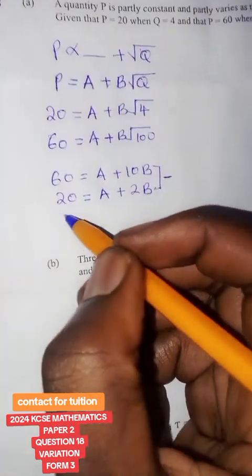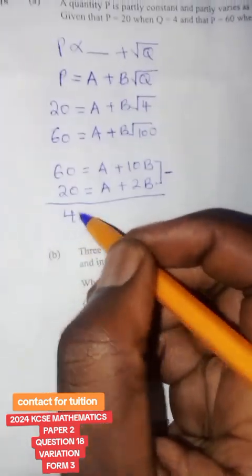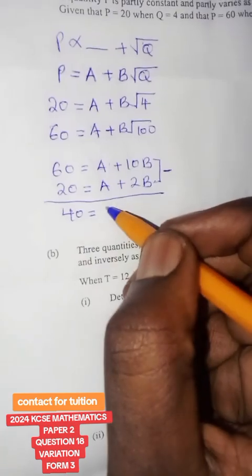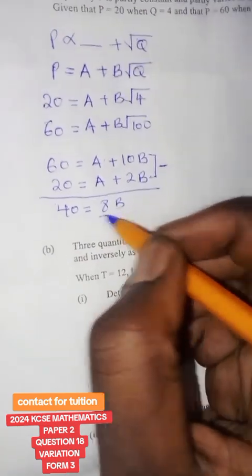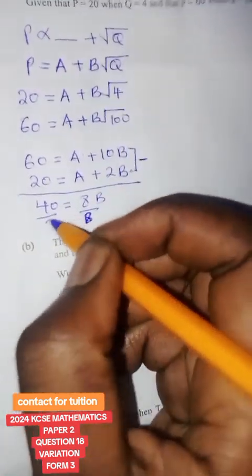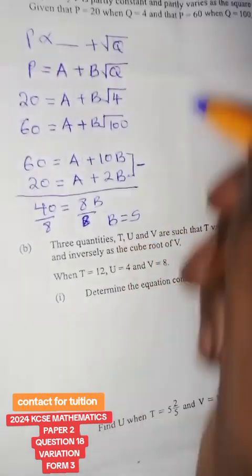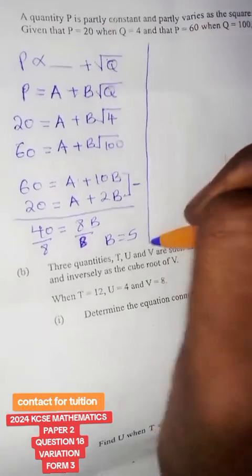Because it's a simultaneous equation, we subtract, and A goes. Here we have 40 is equal to 8B. Divide by 8 on both sides. Therefore, the value of B is 5. Then we proceed.